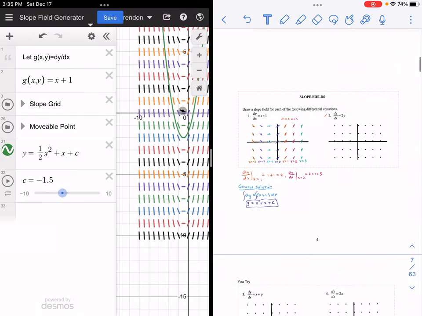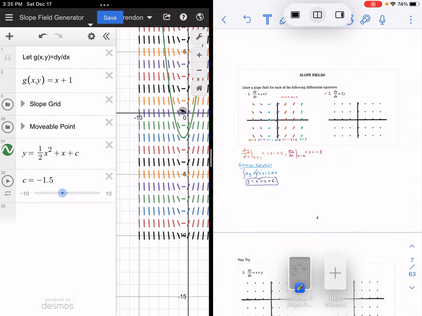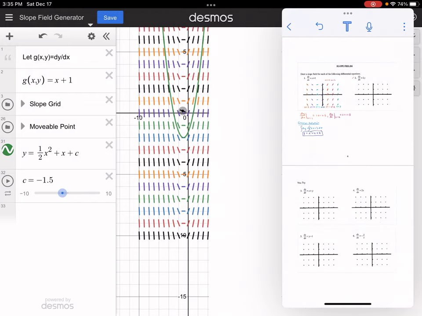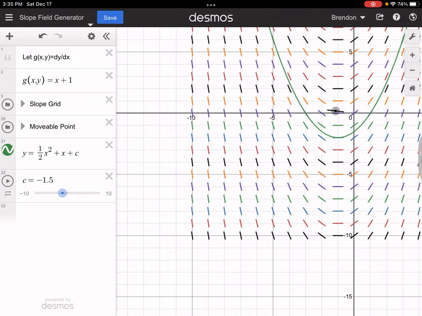Just want that to get out of the way. Finally.